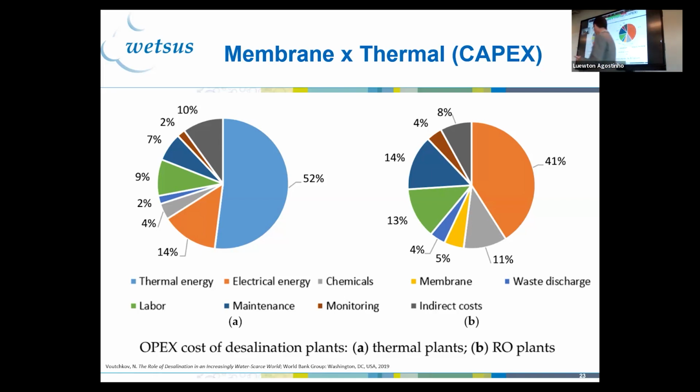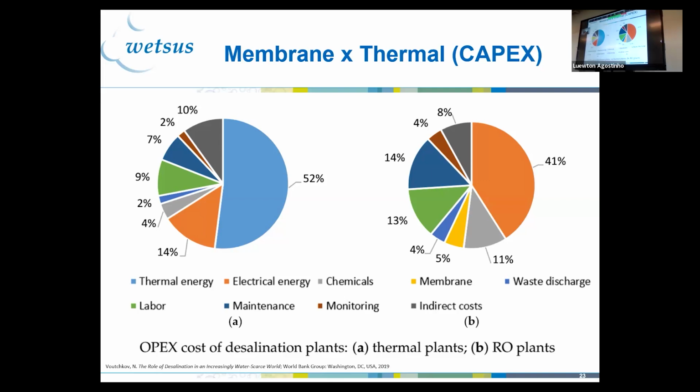So in terms of sustainability and, let's say, footprint, the thermal process is much better. Why? Because when you put chemicals in to clean your membrane, or when you put chemicals in to run your thermal process, where are these chemicals going at the end?